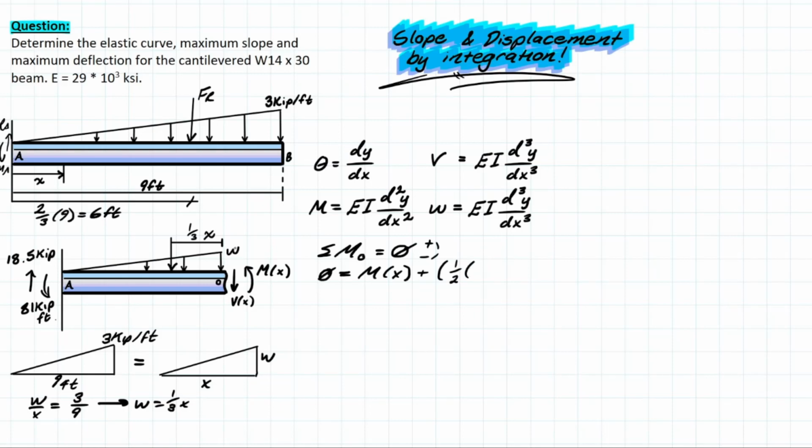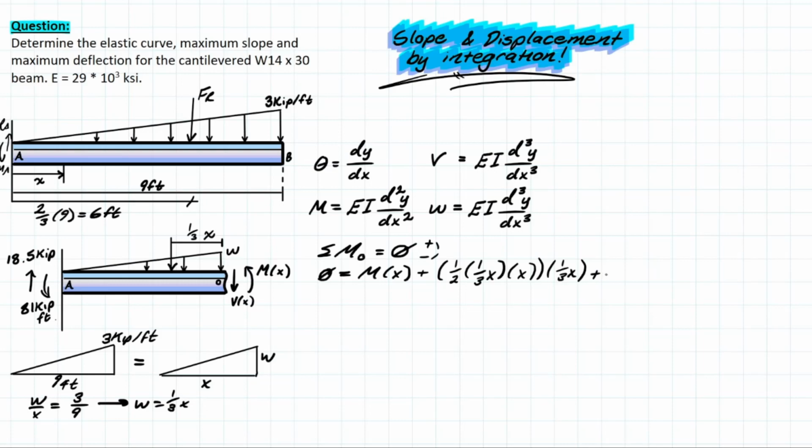We have the magnitude of the distributed load, which we solved for as 1 over 3 x. We then follow that up with the length, which is going to be x. And then we have the distance from the point of reference to that resultant force, which is 1 over 3 x.